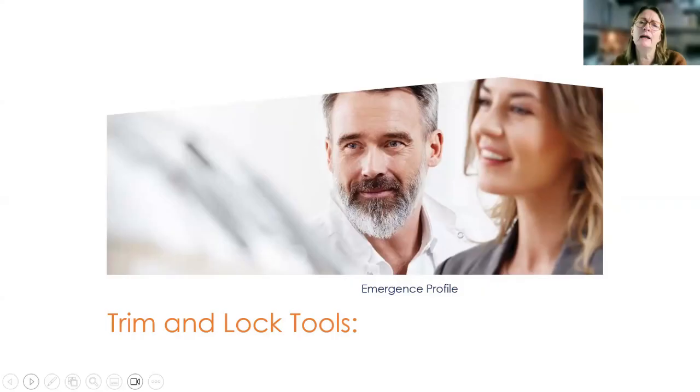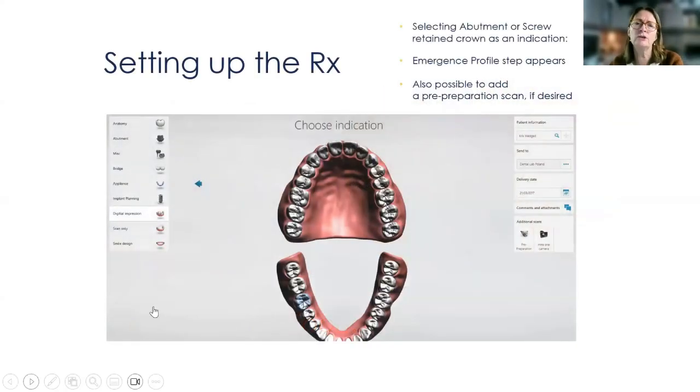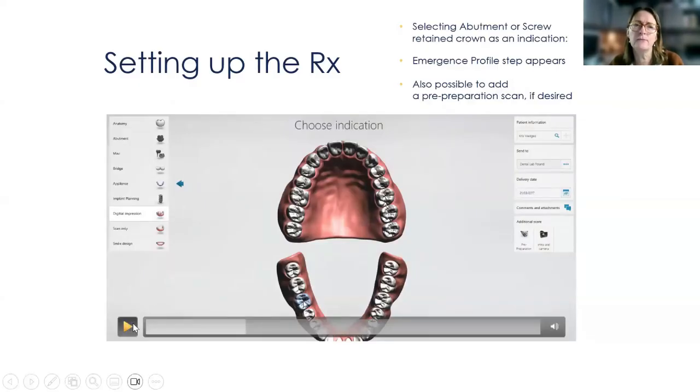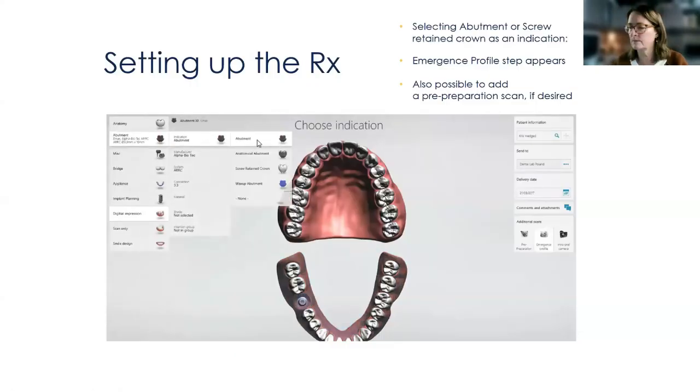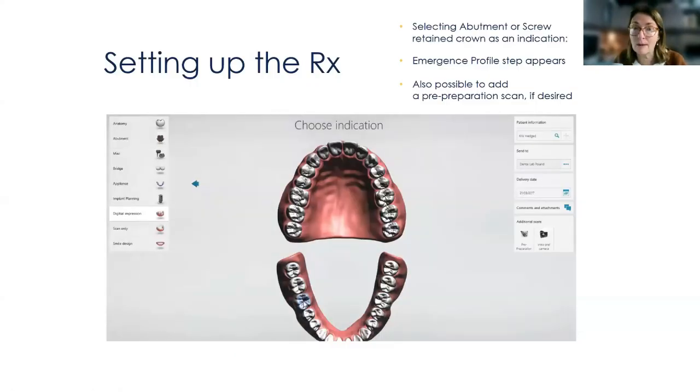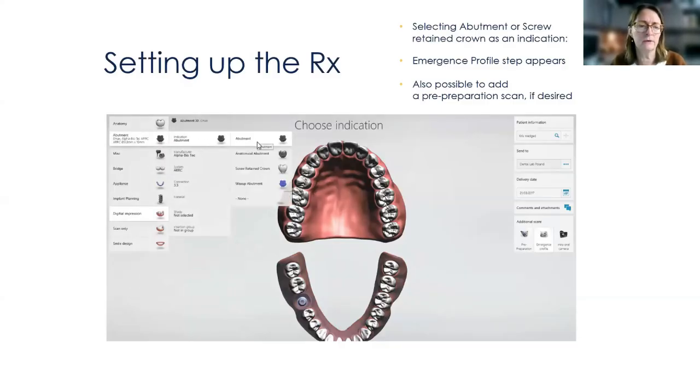With Trios, there's different trim and lock features that allow you to take that preoperative scan that we mentioned earlier, and identify the custom abutment materials and so forth. Different drop-down menus. I love drop-down menus. Anything that has a picture, it can make it a little easier.